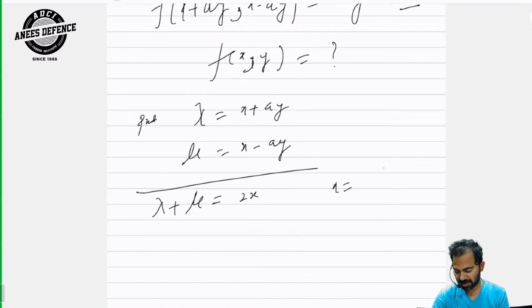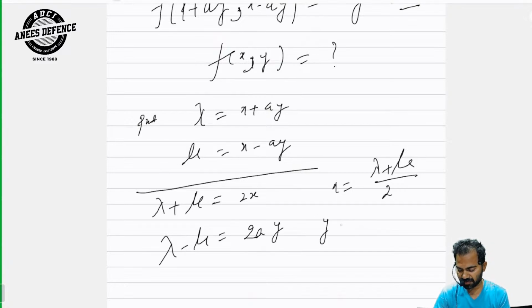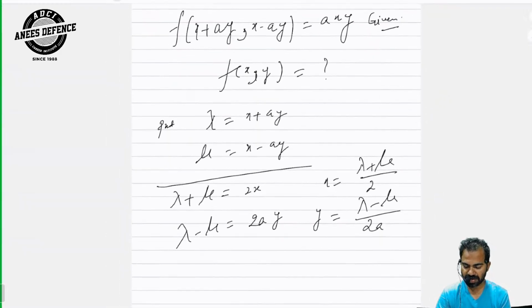From here x equals lambda plus mu upon 2. If we subtract these two, lambda minus mu equals 2 times ay, since x will cancel. So from here y equals lambda minus mu upon 2a. Any problem?